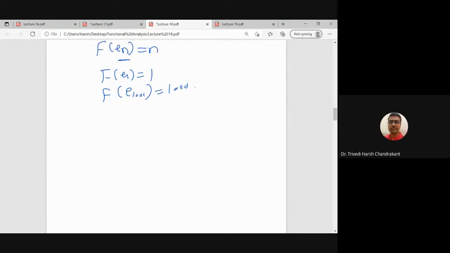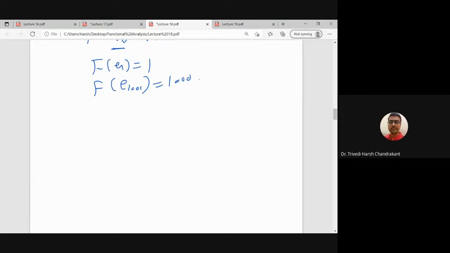Now the question is that every time we cannot define such a linear function. So how do we check whether a linear function is continuous or not when the domain is infinite dimensional? Because if the domain is finite dimensional and the function is linear, then it is always continuous.